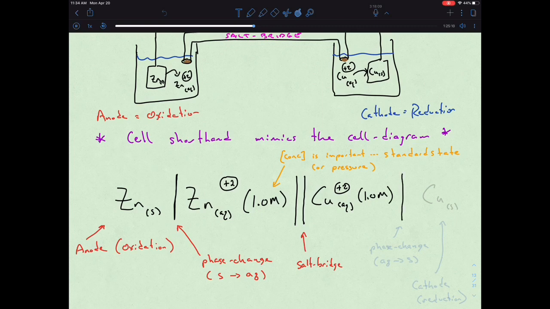We have another vertical line for our phase change.